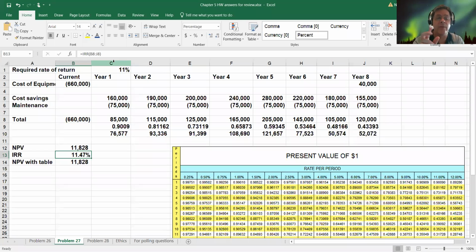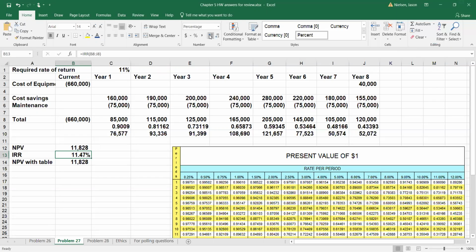Even when you allow there to be more, because this would be 11% if I round it. If I round this, it would look like 11%. Did you round? No, I just put the formula in and that's what it gave me.